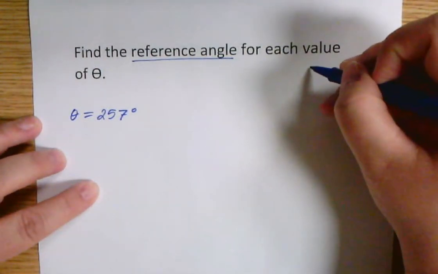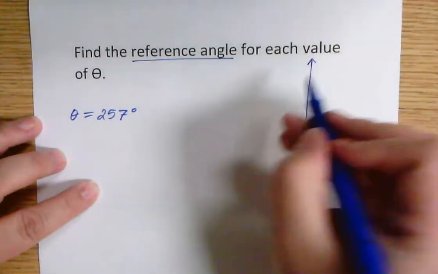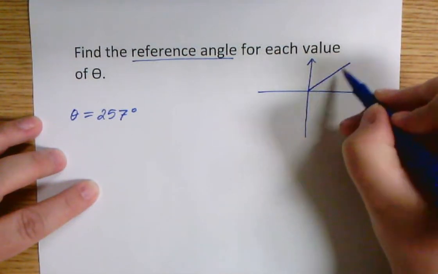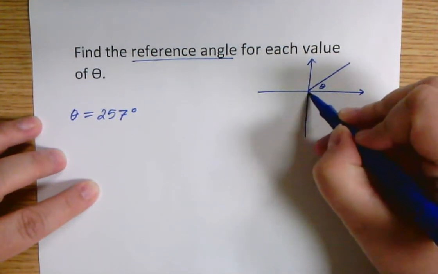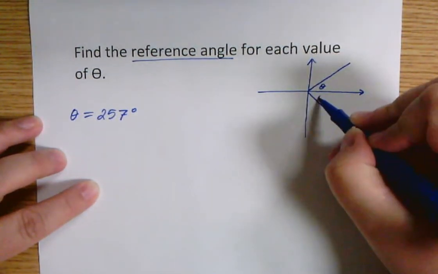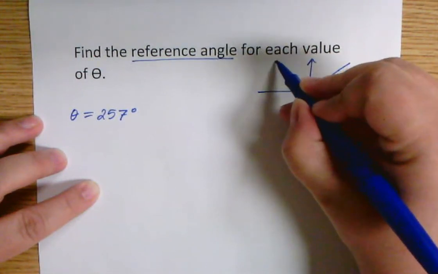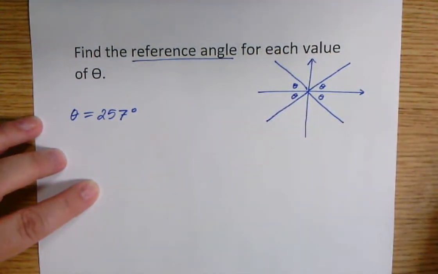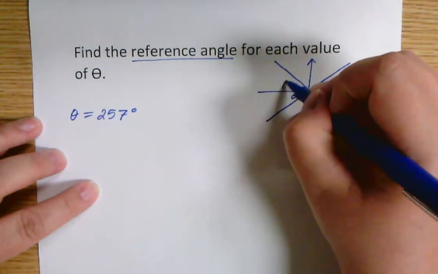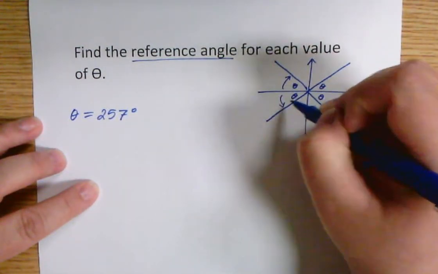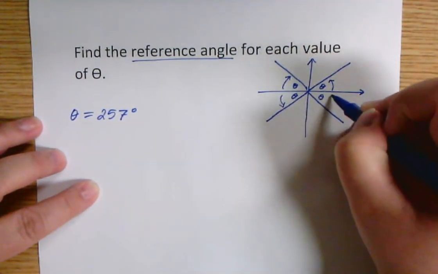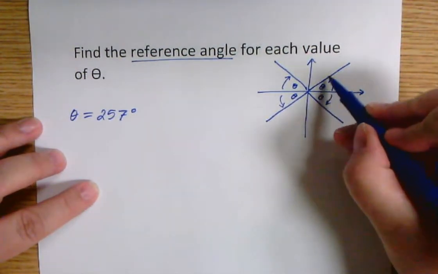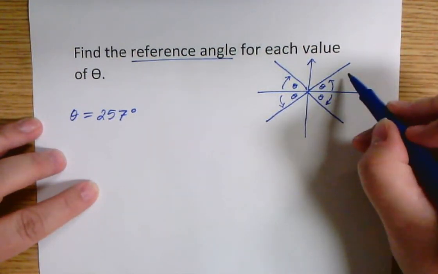So the reference angle is basically the angle between your terminal side and the x-axis, whatever quadrant you're in. In other words, how far above or below the x-axis is your terminal side. If you're in the first quadrant, your reference angle is exactly what your angle is.